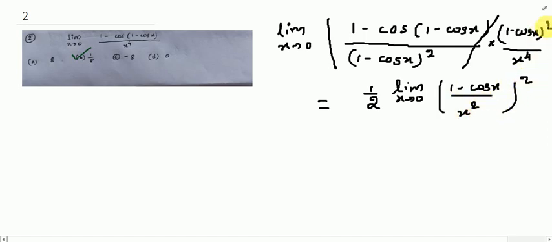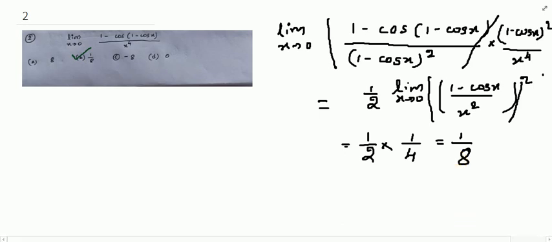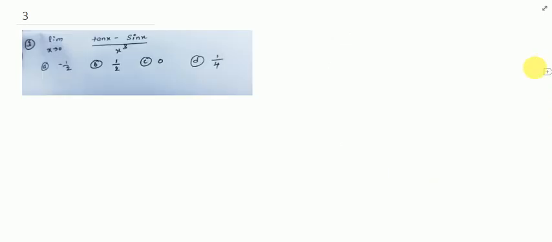This numerator can be written as 1 minus cos x whole square, and the denominator x raised to 4 is x square the whole square, which is equal to 1 by 2 into, this limit is already discussed, 1 by 2, therefore its square will be 1 by 4, hence the answer will be 1 by 8. If you apply L'Hospital rule, it will be a very complicated problem, but using this particular result it will be a very easy problem.